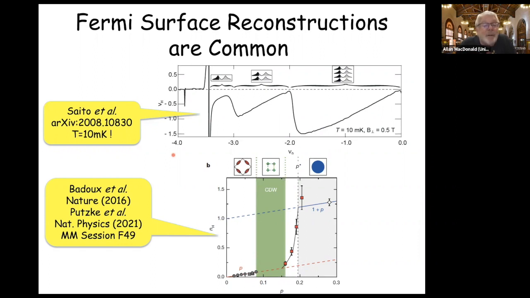And here's another one. Actually, what I'm showing you on top here is data from Andrea Young. The cartoons on top are trying to describe what's going on, but this is actually starting at neutrality and going to removing electrons, introducing holes.